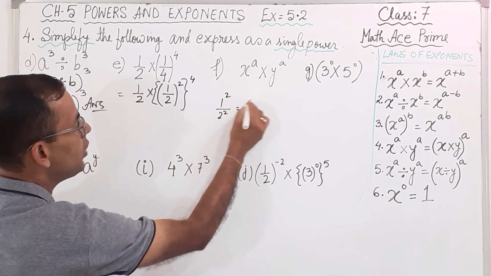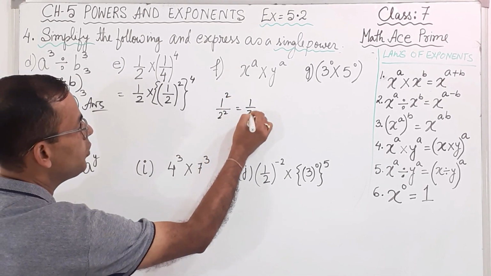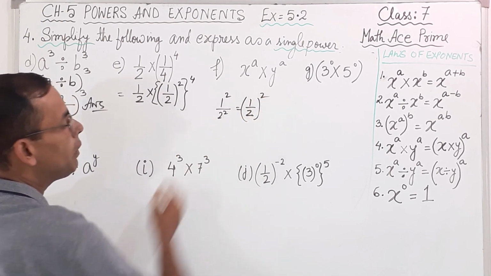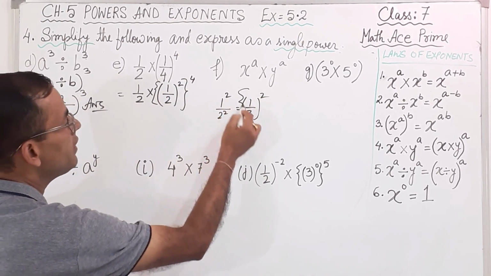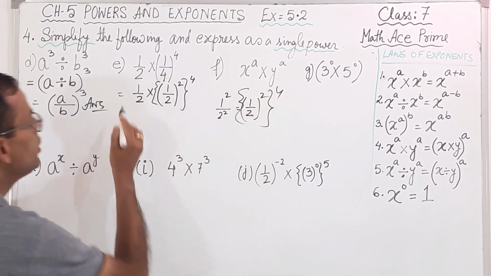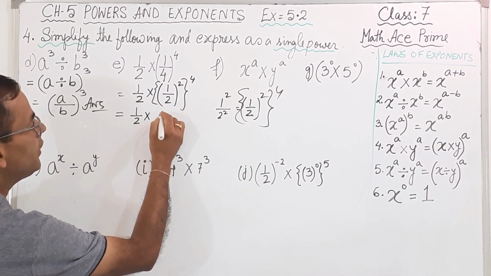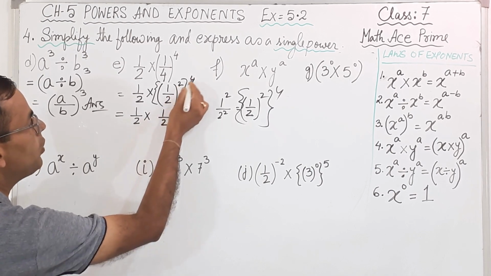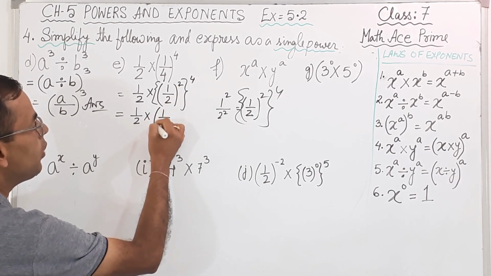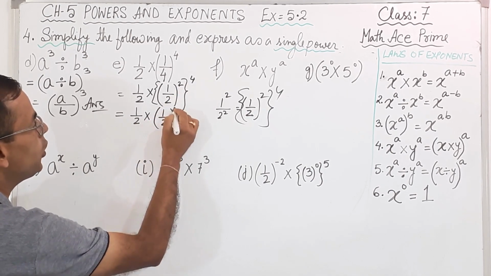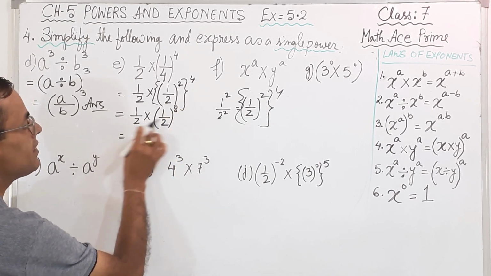So this one means what? This is also square. So I can write 1/2 and then to the power 2. And again outside what it is there? It is 4 is there. Now 1/2 into, then I will write 1/2 and power will be multiplied. So what it will become? 2 into 4, 8. Now see, the bases are same.